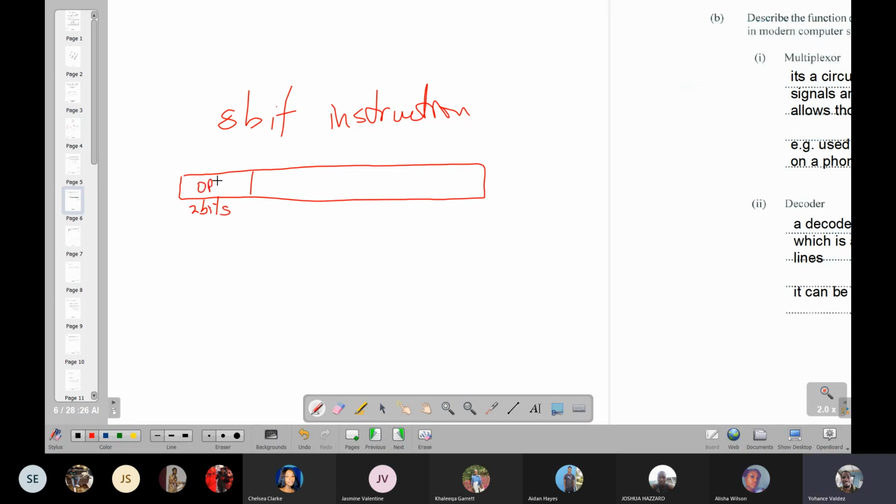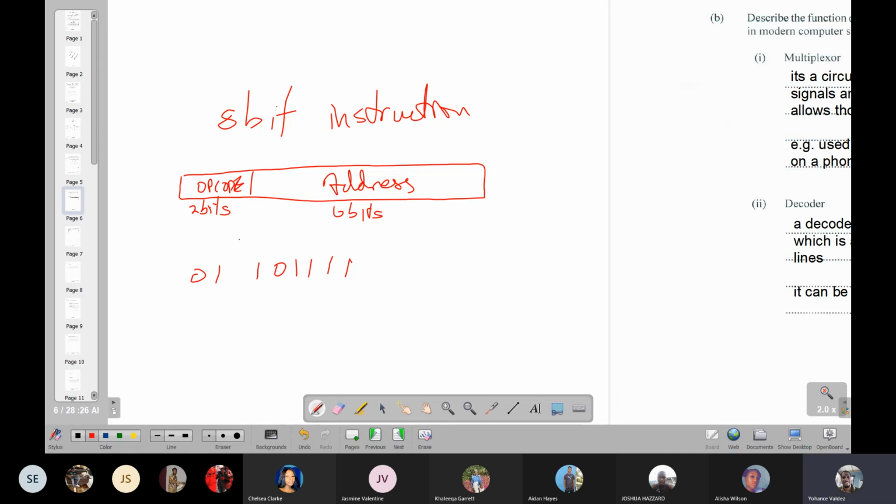So this is the opcode, and this is the address, 6 bits for address. So if I have a computer instruction like 0, 1, 1, 0, 1, 1, 1, 1, this could be the data being fed into the processor.